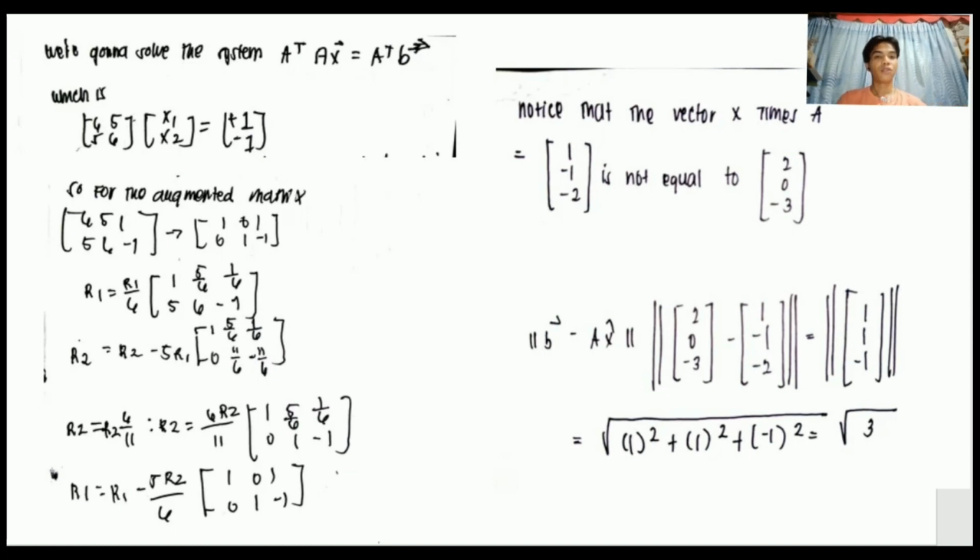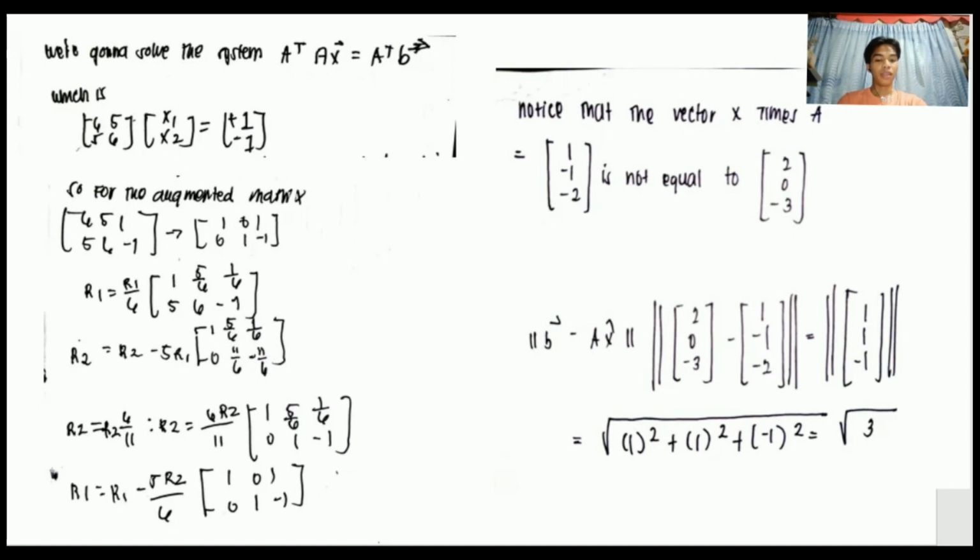And as for our row 2 again, since we are aiming for the 5 and 1 to be 0 and 1, we just need to follow the formula that we use, which is R2 equals 6 times R2 over 11.